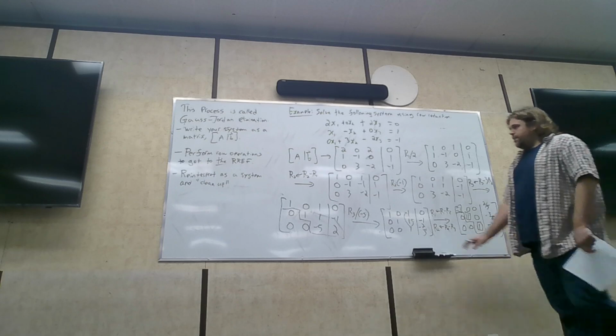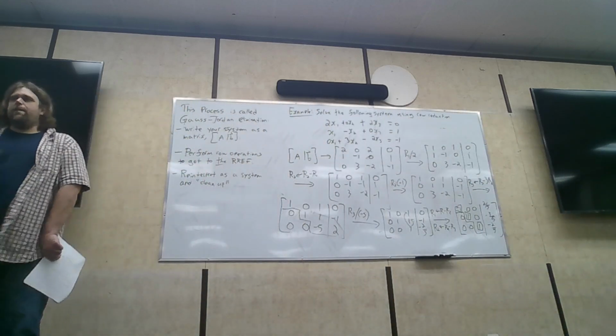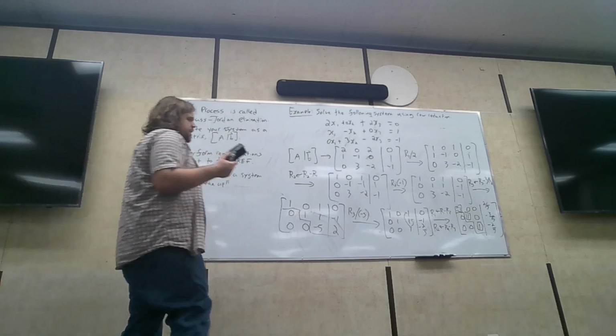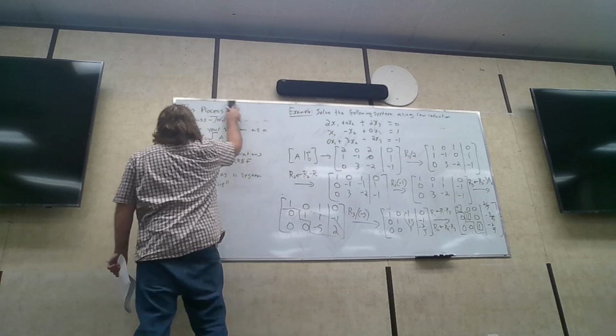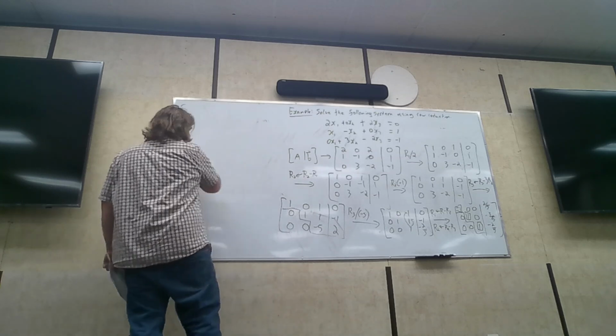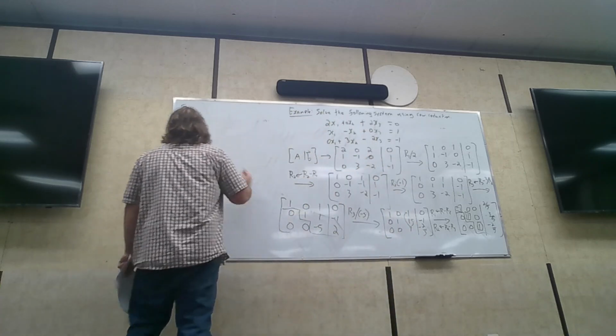So, okay. What does this say? We got to the RREF. We're done that. Step 3, reinterpret as a system, right? So that thing means a system of equations. Great.